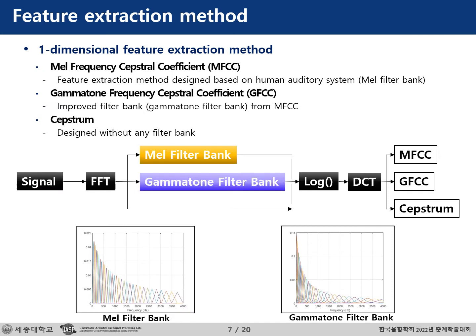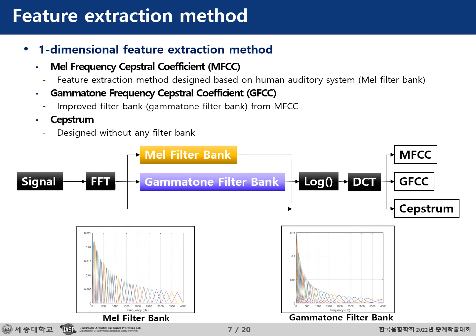These are one-dimensional feature extraction methods, which are Mel frequency cepstral coefficients, MFCC, gammatone frequency cepstral coefficients, GFCC, and cepstrum. MFCC is based on the human auditory system using a Mel filter bank. GFCC has an improved filter bank from MFCC. Cepstrum is the same as the other cepstral coefficients but without any filter bank.